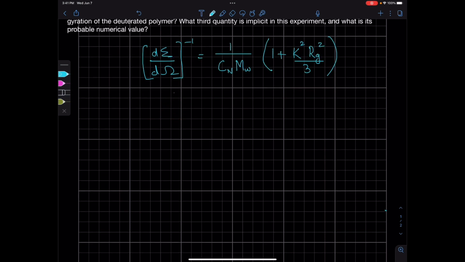So this is of the form y equals mx plus b, the equation of a straight line.